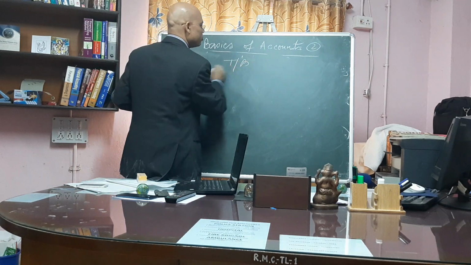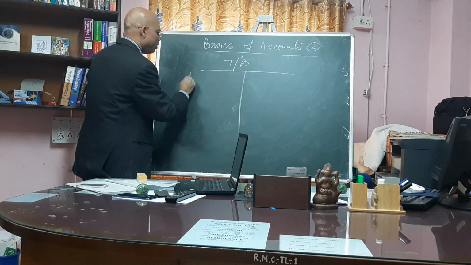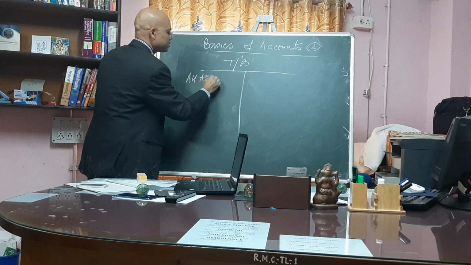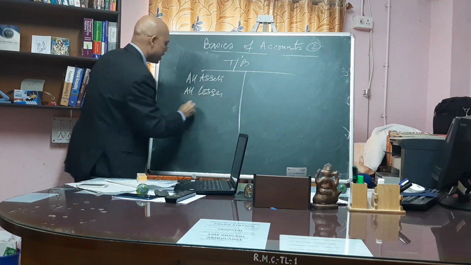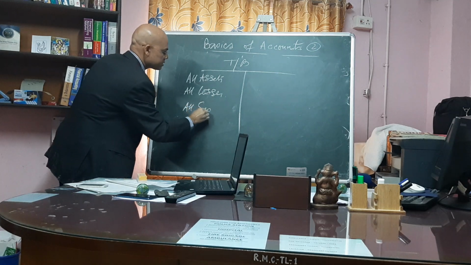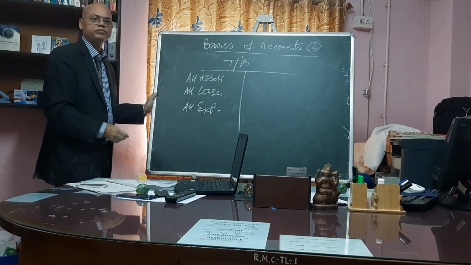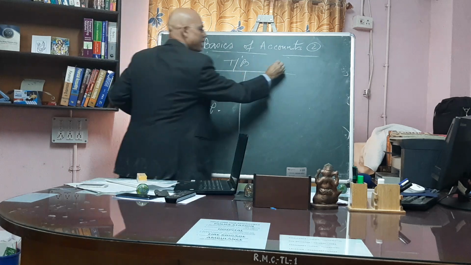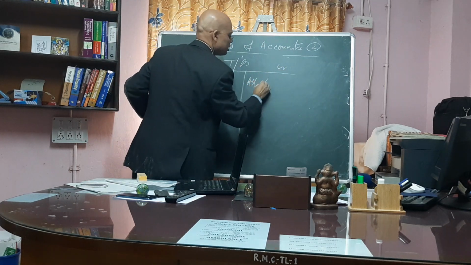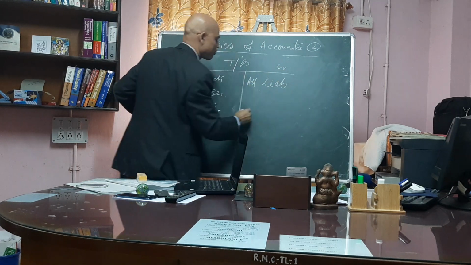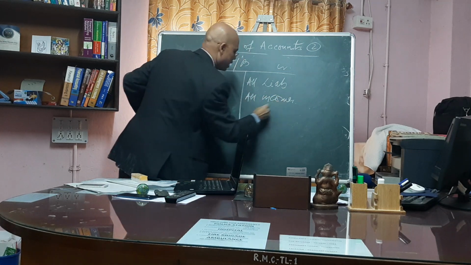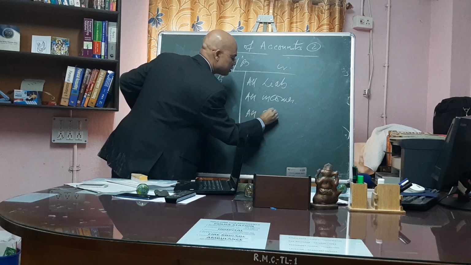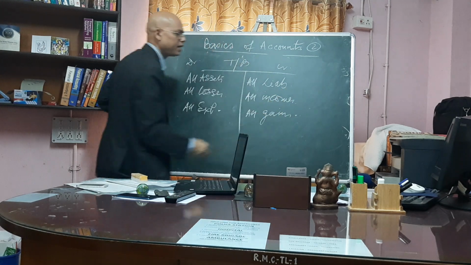In the trial balance, if you write, all assets, all losses and all expenses will come on the debit side, and all liabilities, all incomes and all gains will come on the credit side.